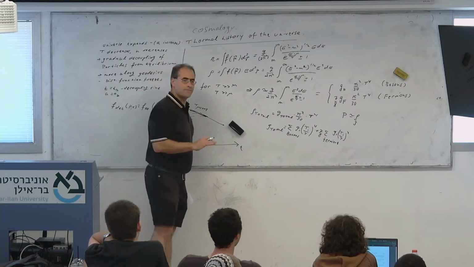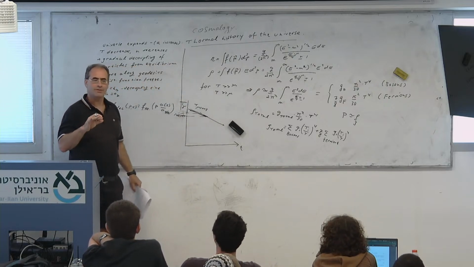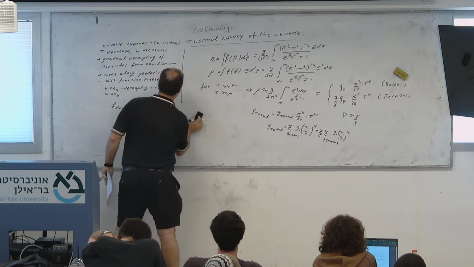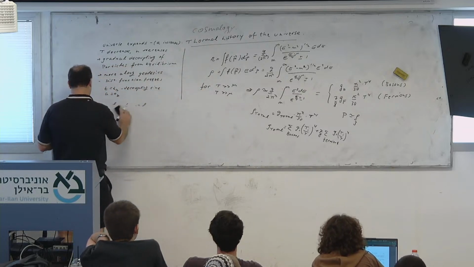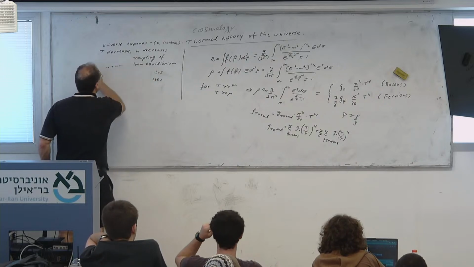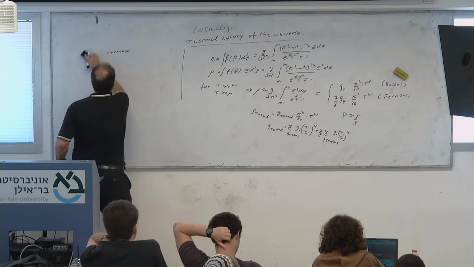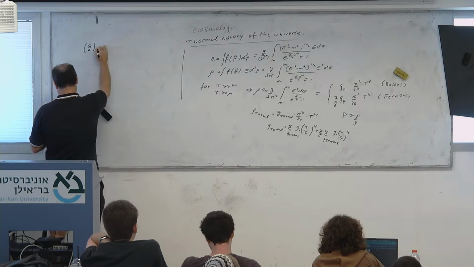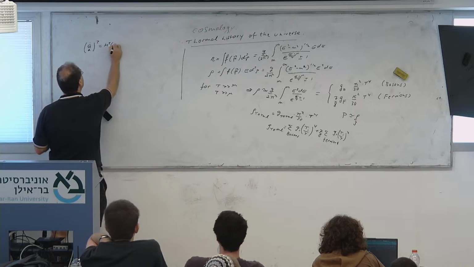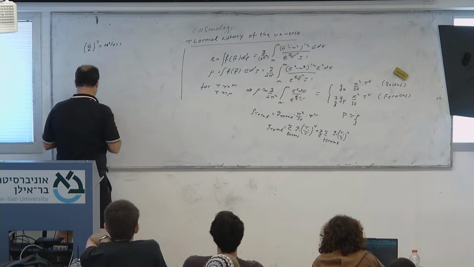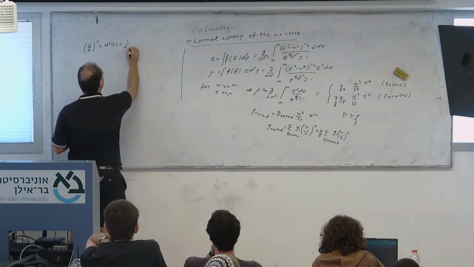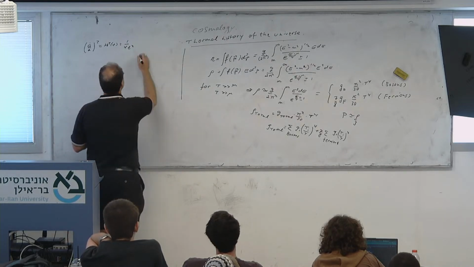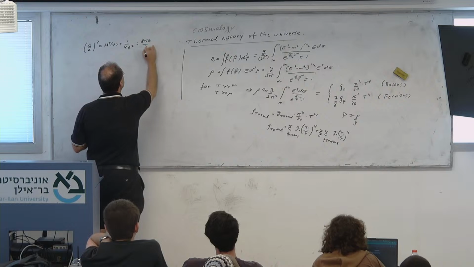Now let's see what happens in the radiation-dominated era. We have that (a dot over a) squared is H squared of t, which is also 1 over 4t squared, because a dot is da over dt. And H squared is 8 pi G over 3 rho.